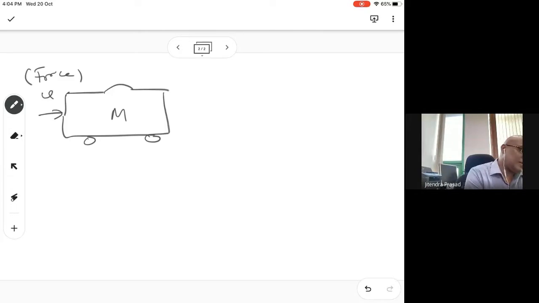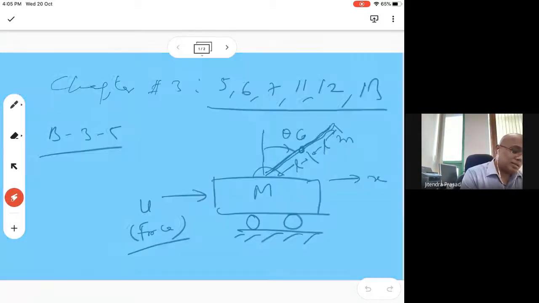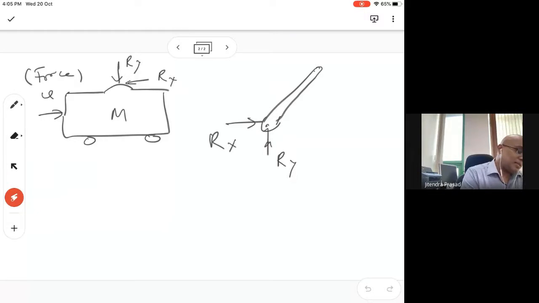So let's say reaction force here is Ry, and this is Rx, and on the bar we will have Ry, which is upward, then Rx, which is because of the pin joint, right? So here, this is a pin joint.